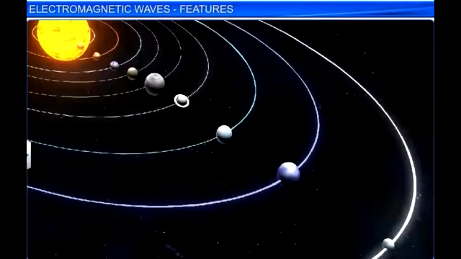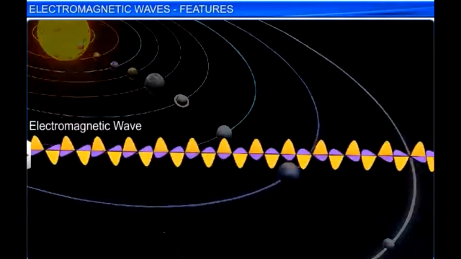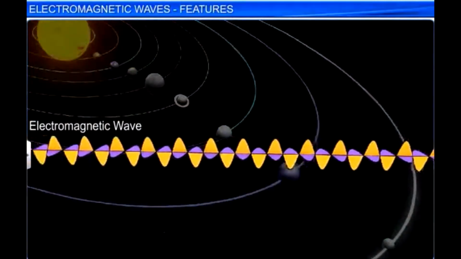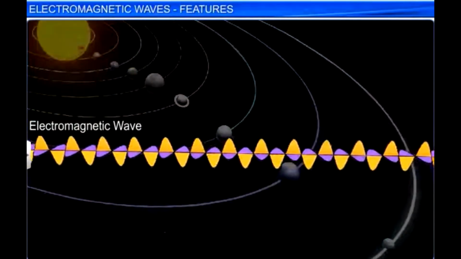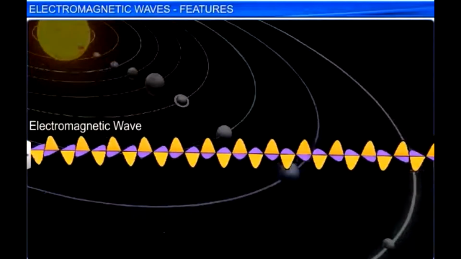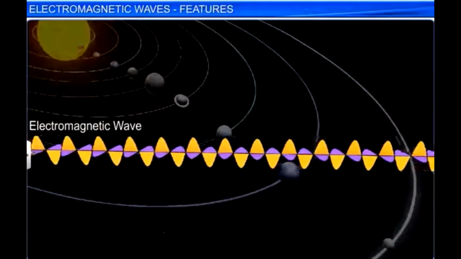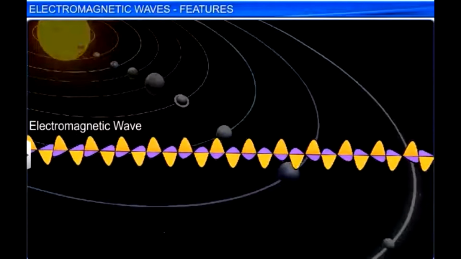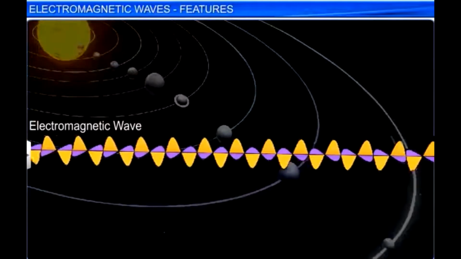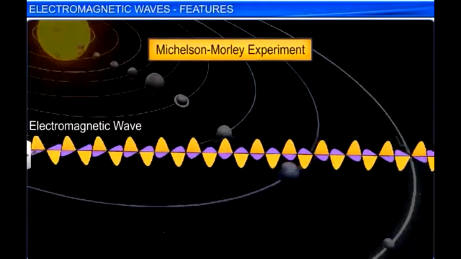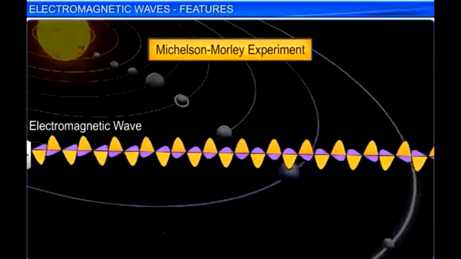In the early 1800s, scientists believed that there must be a material medium spread throughout the space in which an electromagnetic wave propagates. That material medium, which spreads across the entire space, was called ether. Later in 1887, Michelson and Morley conducted an experiment in which they proved that ether does not exist.